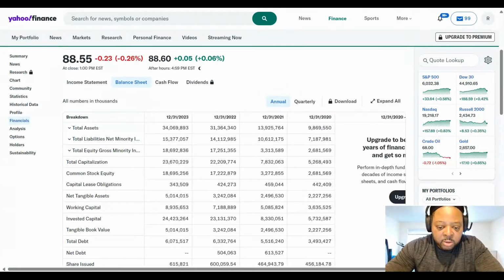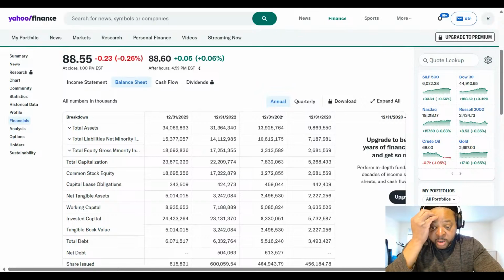This is huge. This company should be doing better than it is now. It should be worth more, but investors invest in what they want to invest in, I guess. But this looks like a good company.